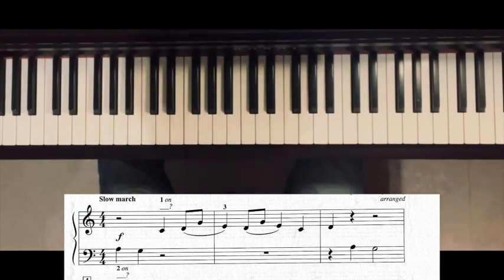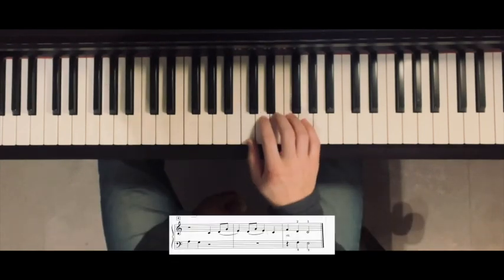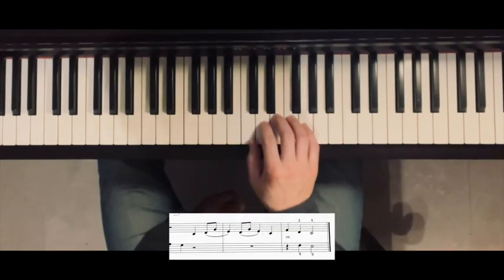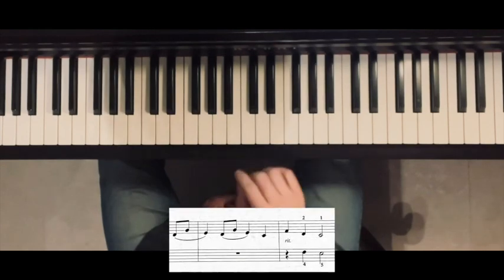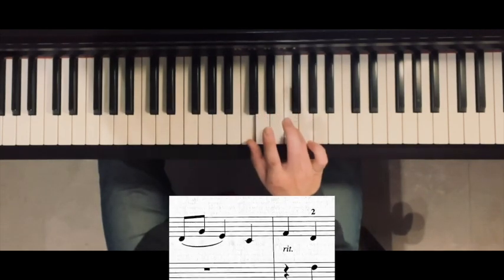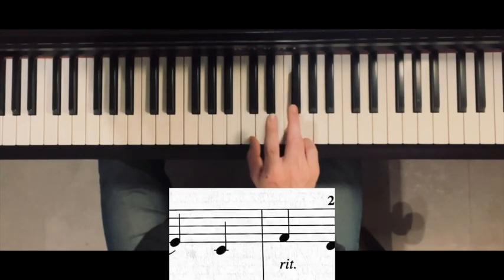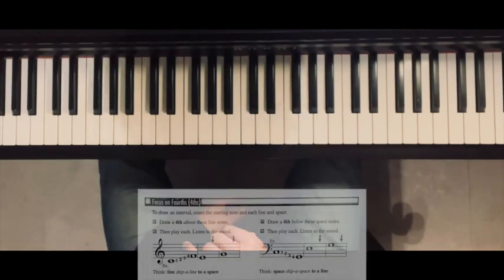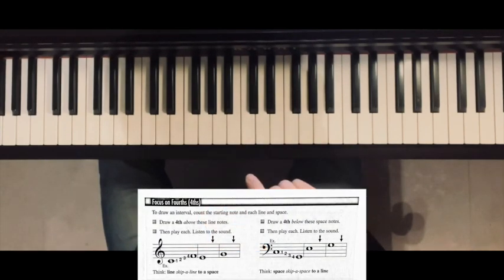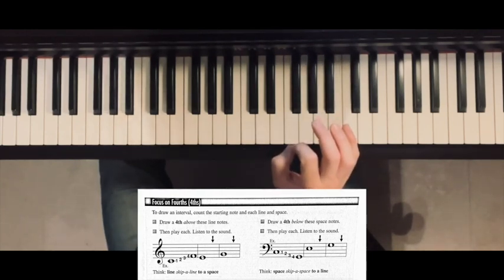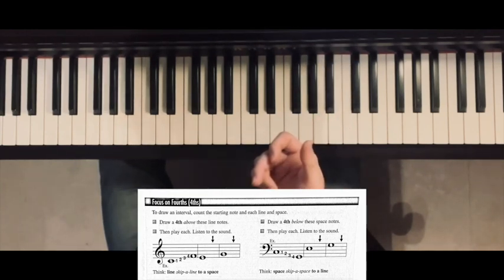If you have a pencil, it really would help to circle the fourths in this piece. There's one last fourth, and it's kind of hidden between the 4th beat of the second to last bar and the 1st beat of the last bar, and that's a C to an F. Now, one way to see a fourth in the music is one of the notes is going to be on a space, and the other note is going to be on a line, or vice versa.